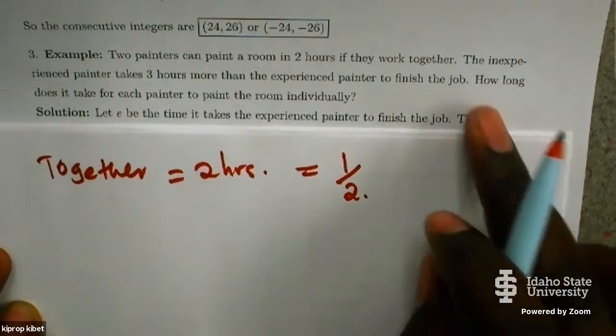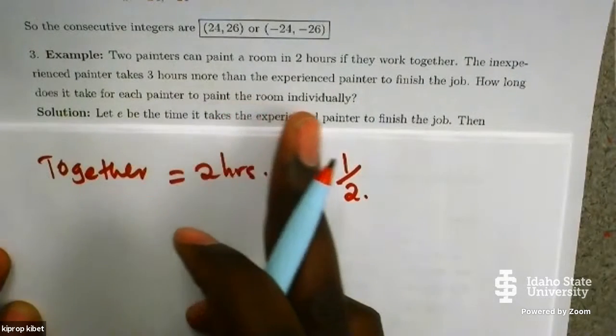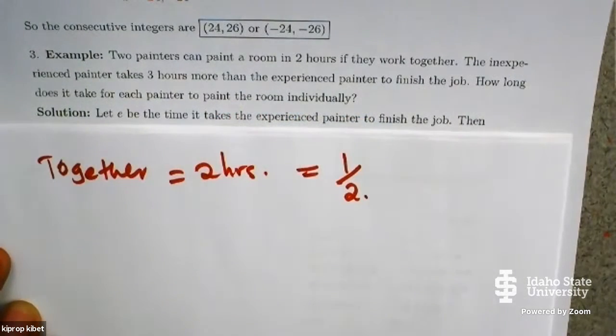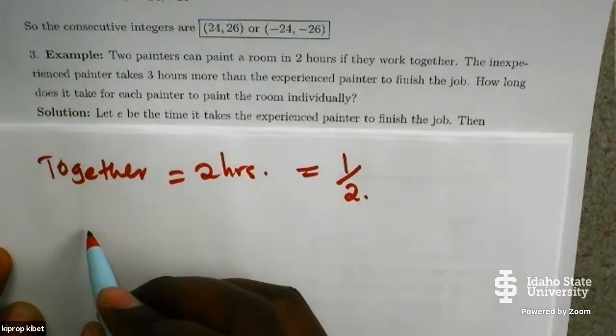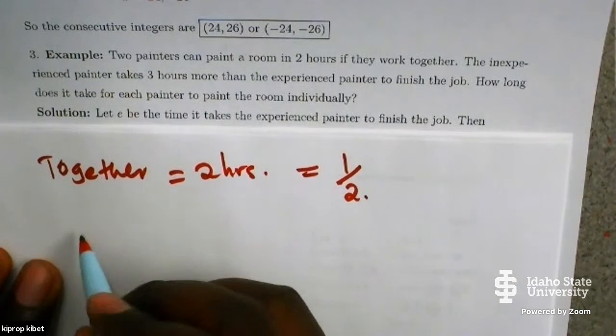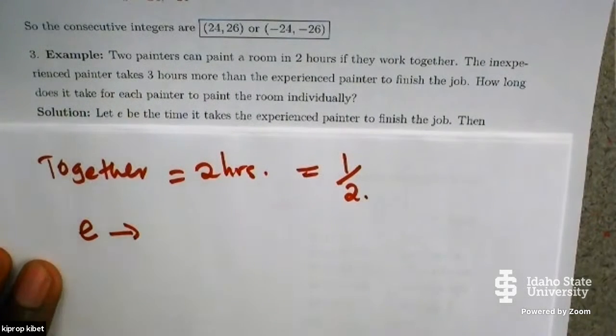Now, the inexperienced painter takes 3 hours more than the experienced. So let's say we take E, like the way I have done, as experienced, and then the other one as inexperienced, okay?